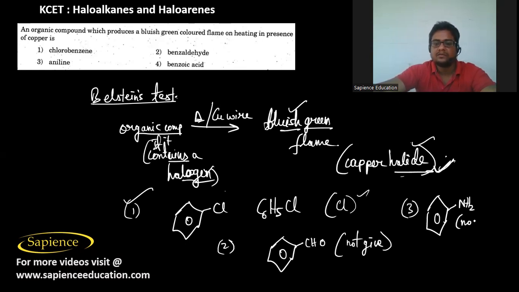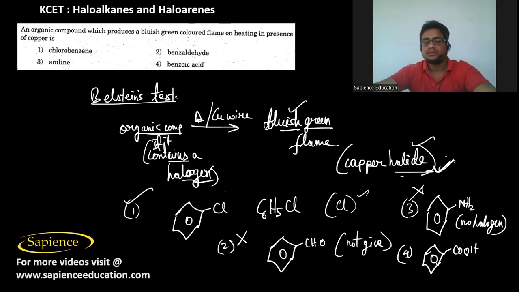Here also we have no halogen atom, so it will also not give the Beilstein's test. And in the fourth one, which is benzoic acid, C6H5COOH, it also does not have any halogen in it, so it will also not give the Beilstein's test.